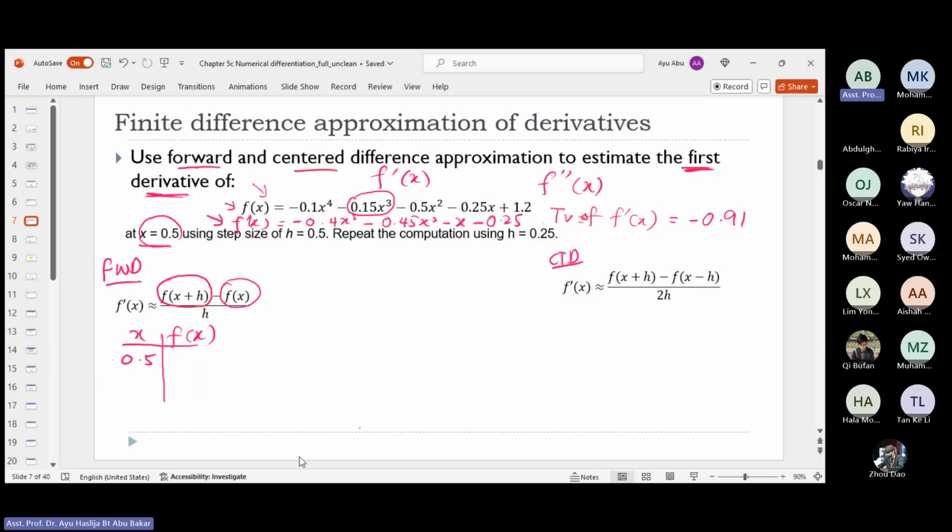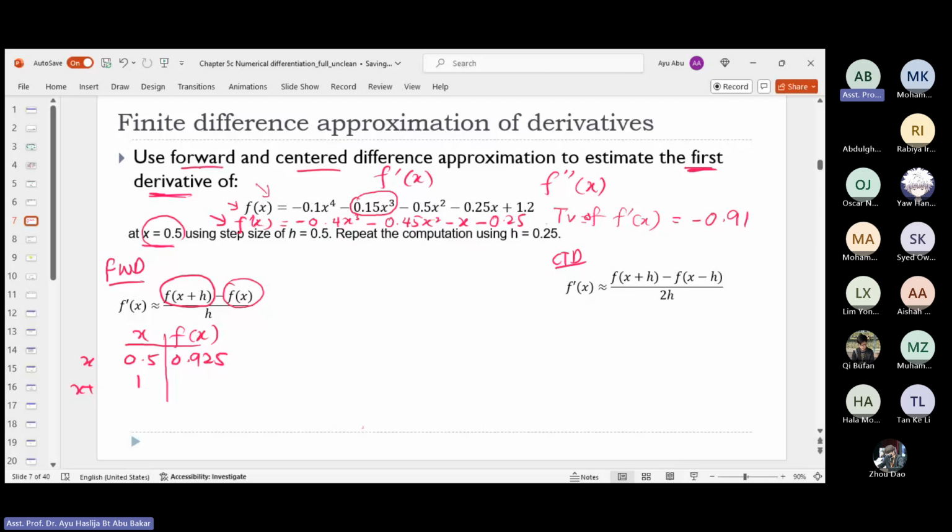0.925. f(x) is 0.925. All get the same? Okay, good. Then x plus h means x is 0.5 plus h, which means 1. So this one, x plus h is x equals 1.